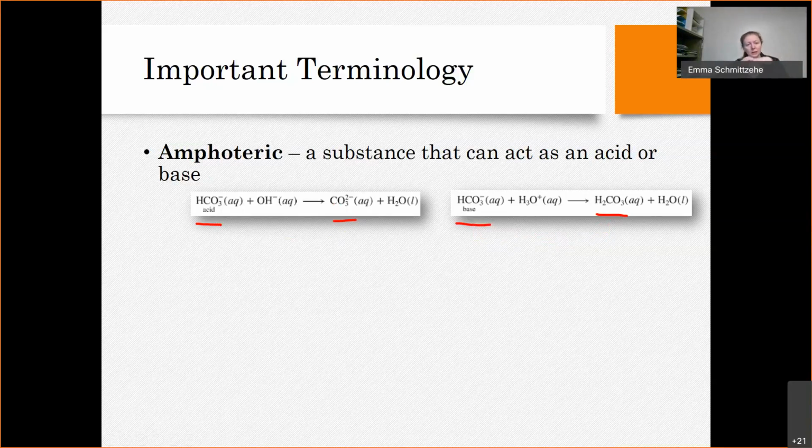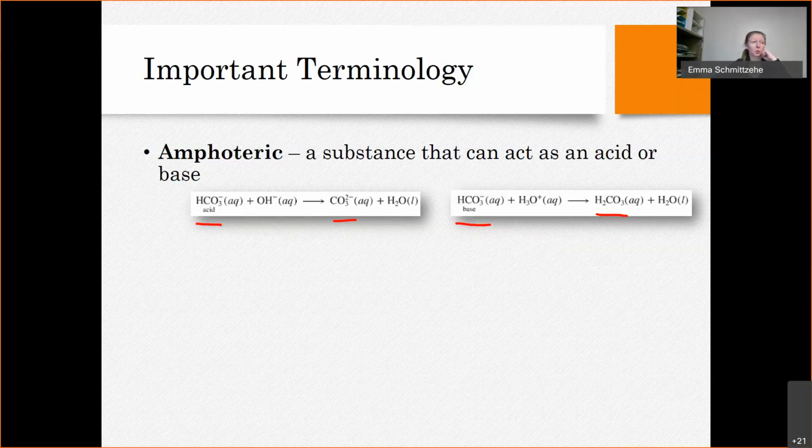Anything that can either donate or accept a proton, if it can do both, is amphoteric. In order for something to be able to donate a proton, it needs to have one. So if you have a substance that has no hydrogen, it can't possibly act as an acid. But if it has hydrogen and we've written the formula with the hydrogen first, that probably means it can donate that.